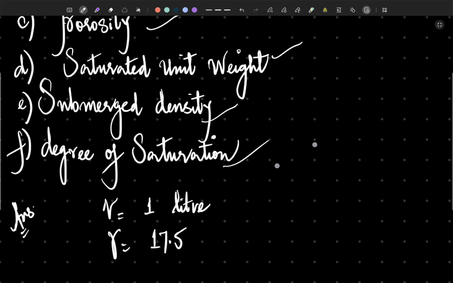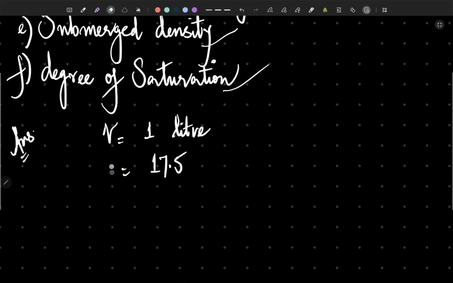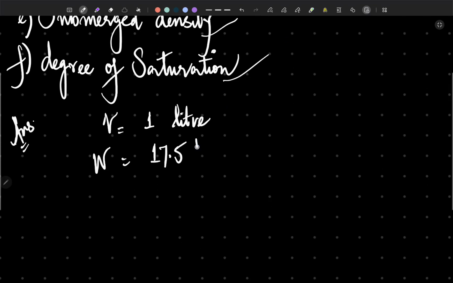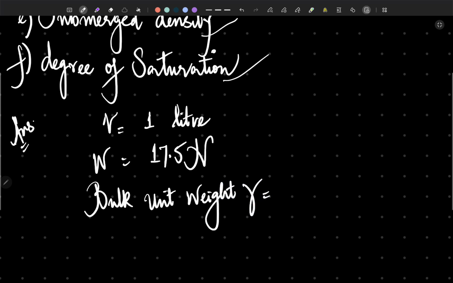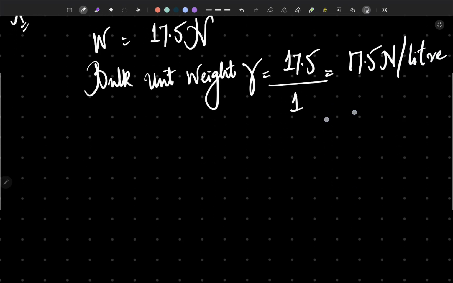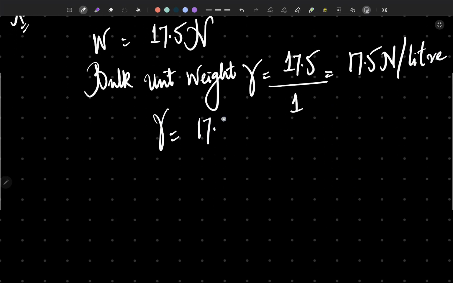This is weight, 17.5 Newton. Bulk unit weight is weight per unit volume. That is 17.5 divided by 1, that is 17.5 Newton per liter. This is the bulk unit weight, which is equivalent to 17.5 kilonewton per cubic meter.